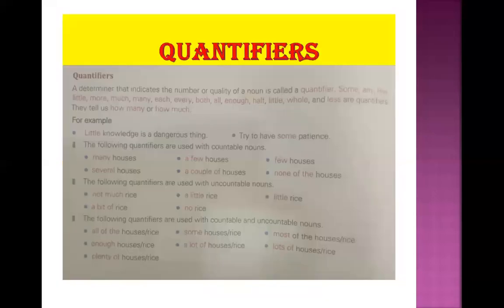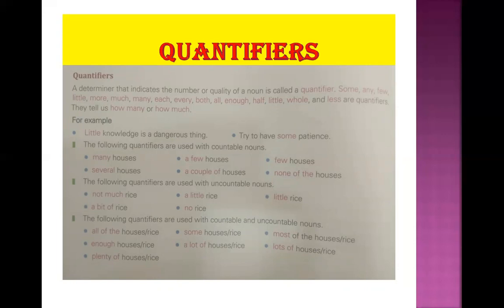Now I'll talk about the quantifiers. A quantifier, a determiner that indicates the number or quantity of a noun, is called a quantifier. Some, any, few, little, much, more, many, each, every, both, all, enough, half, whole, and less are quantifiers.